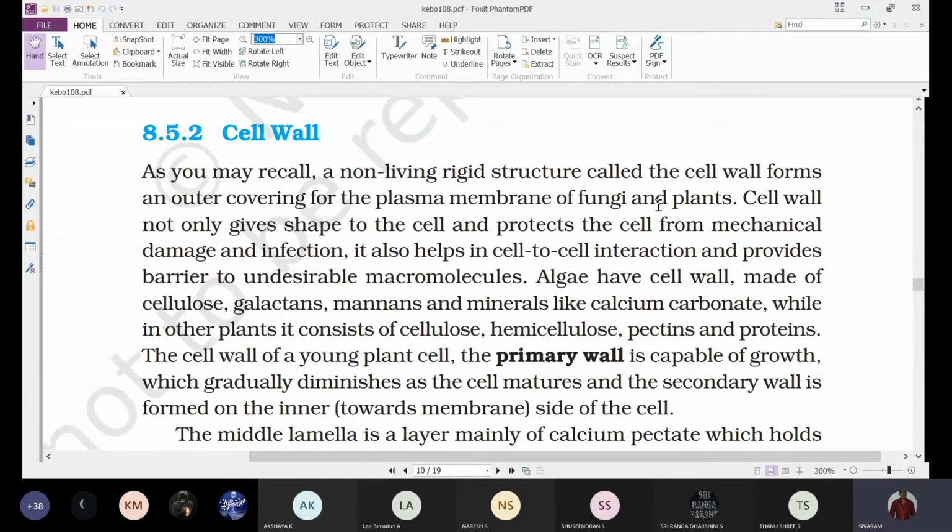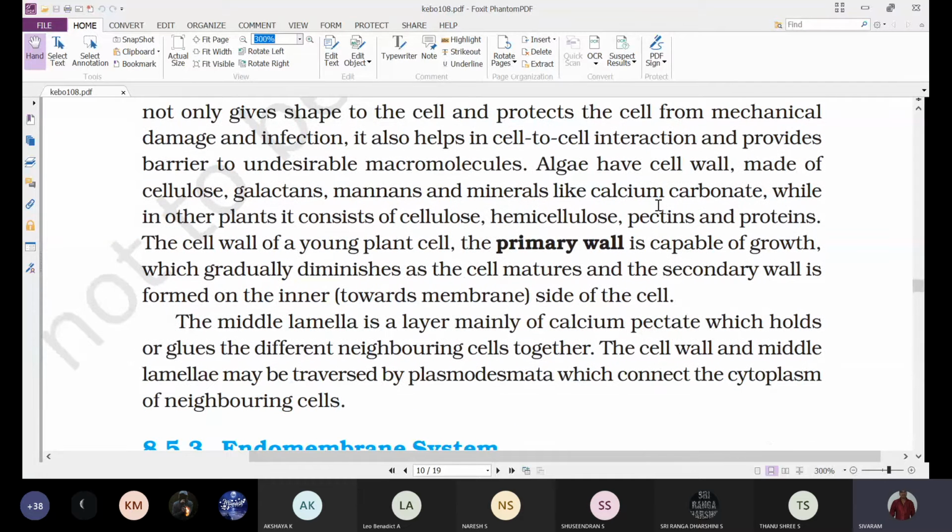And next, when you observe the cell wall, it is made up of different chemical substances in different organisms. For example, algae have a cell wall made of cellulose, galactans, mannans, and minerals like calcium carbonate.